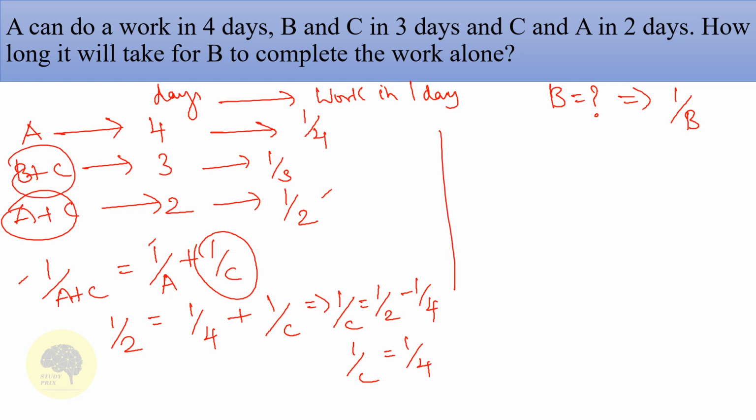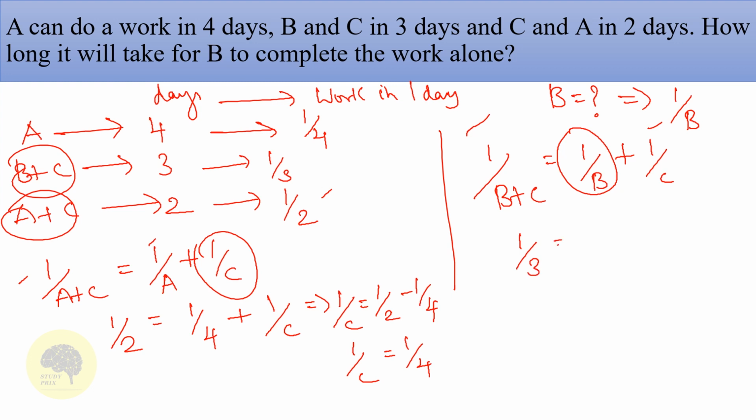And take this equation: work done by B and C together in 1 day is equal to work done by B in 1 day plus work done by C in 1 day. We know this and we know this, and we have to find out this. Work done by B and C together in 1 day is nothing but 1 by 3, and work done by B in 1 day we have to find out, plus work done by C in 1 day is 1 by 4.